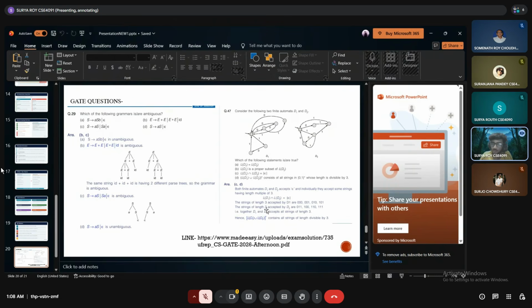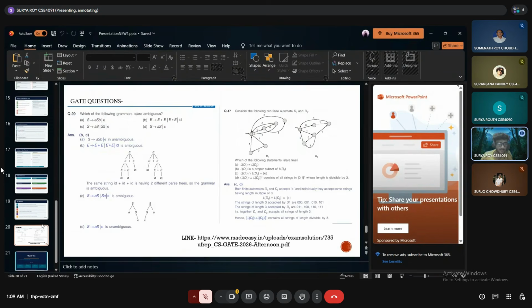The strings of length 3 accepted by D1 are 000, 001, 010, 101. The strings of length 3 accepted by D2 are 011, 100, 110, and 111. That is, together D1 and D2 accept all strings of length 3. Hence, the last option contains all strings of length divisible by 3.